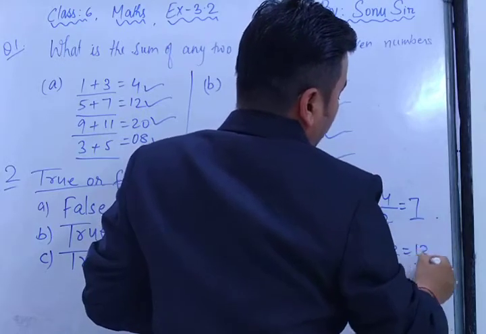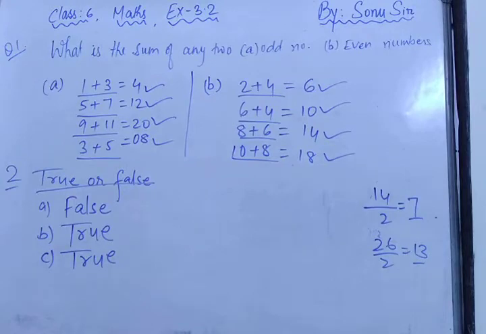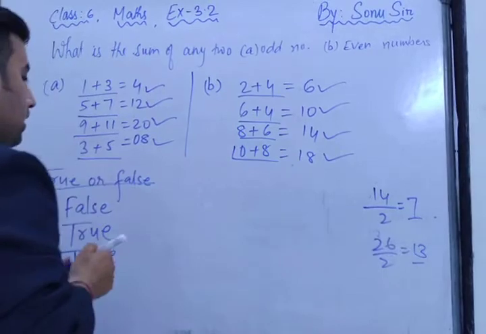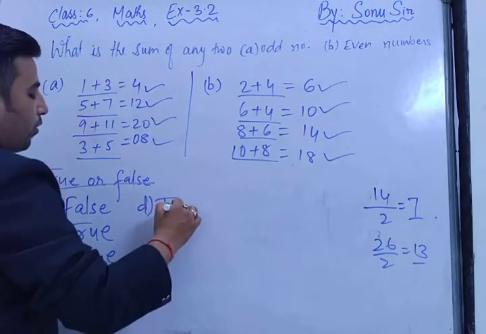So what quotient are we getting? An odd number, right? So it is true. So our D option is also true.